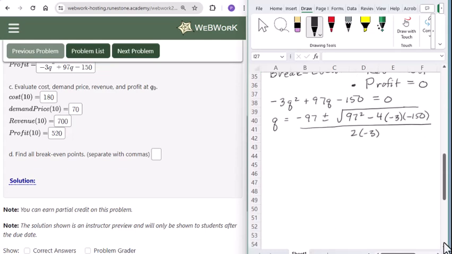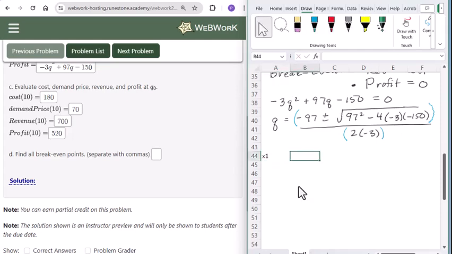Now to calculate this, I'm going to put it into Excel. And since calculations are happening up in the numerator, you'll need parentheses to enclose the numerator. And then there's also a multiplication in the denominator, so you'll need extra parentheses around that.